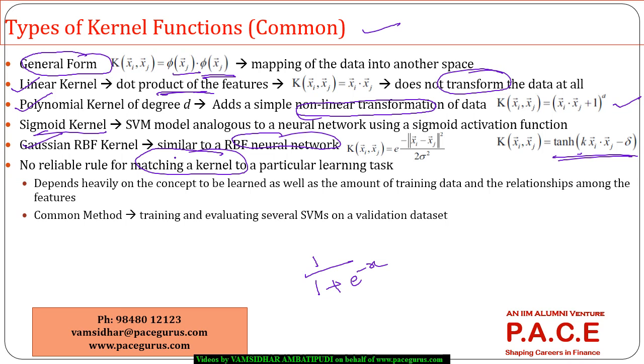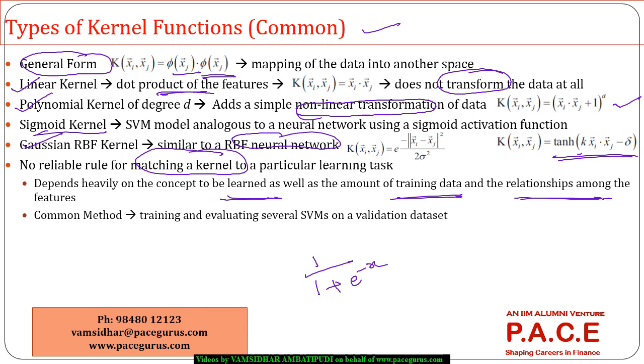So what kernel function I have to use is purely based on what should be the learning, how much training data is there for the learning purpose, and what is the level of relationship, is it a linear relationship or a non-linear relationship between the various variables. All these things will really drive what should be the type of kernel function that I have to use for my kind of data.